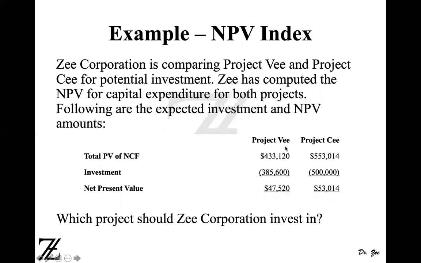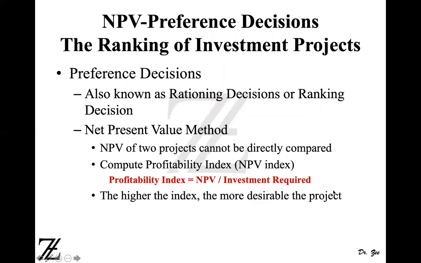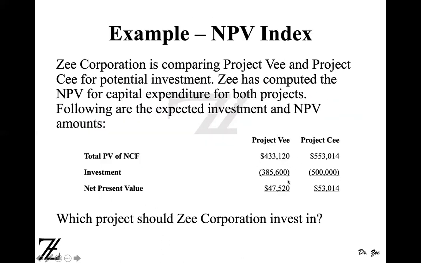So project V and project C, the total present value of net cash flow is $433,120 for V, $553,014 for project C. Initial investment is $385,600 for project V and $500,000 for project C. So project C looks like the previous project we had, which has $53,014 NPV. If you go back, $53,014. Project V is the other project, which has NPV of $47,520. So both have a positive NPV, which means we can invest in either project.